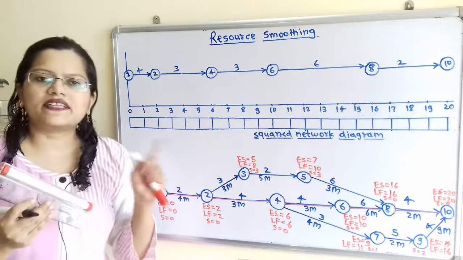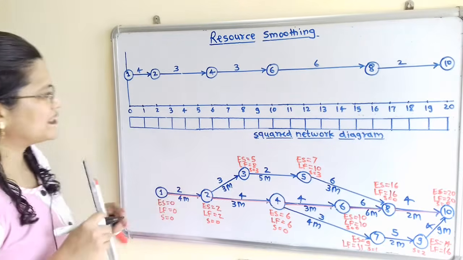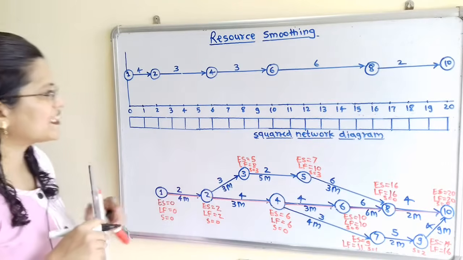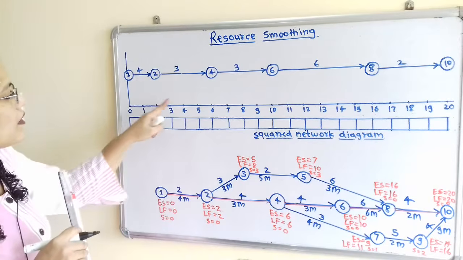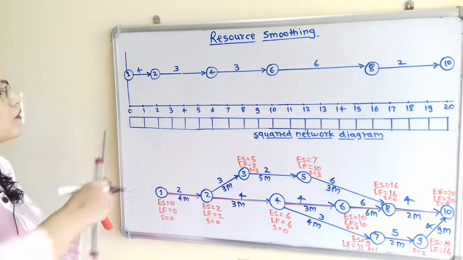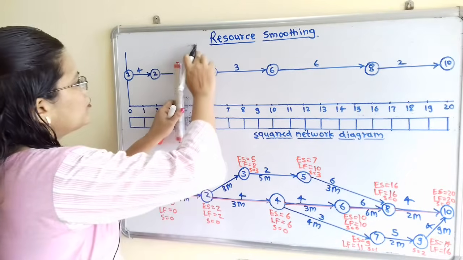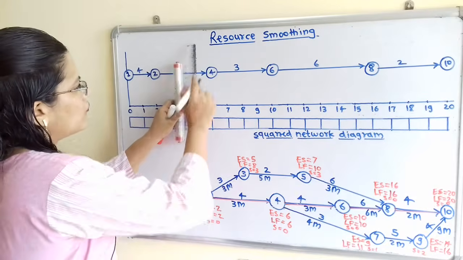Now we will complete the activities on the non-critical path. So here is 2 to 3. For this 2 to 3, duration is 3 weeks. So 2 is on 2 weeks. So 2 plus 3, that is equal to 5. So at this 5, we have to show it on the side, or in the downward side.